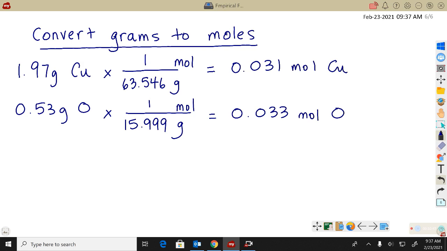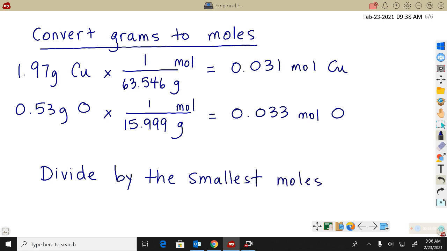So I think what I'm going to do now is divide by the smallest moles to obtain a whole number ratio.